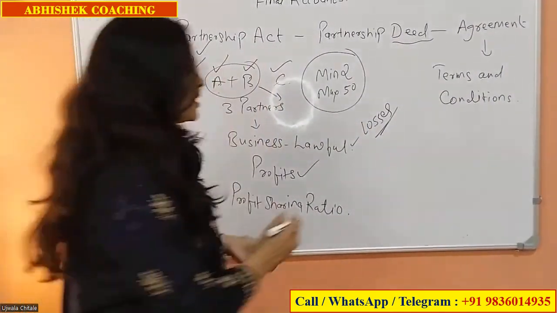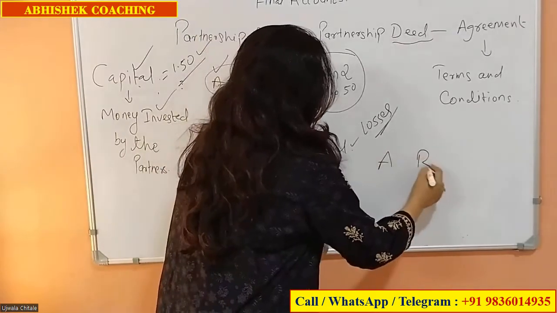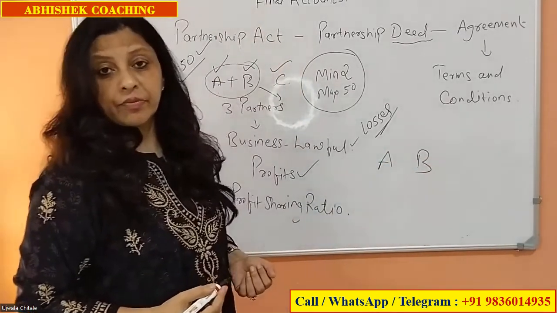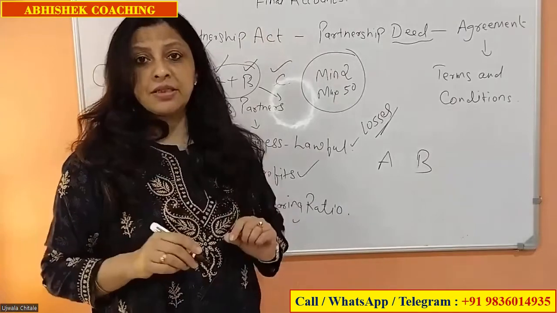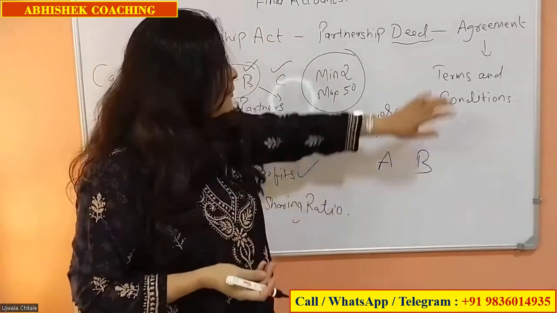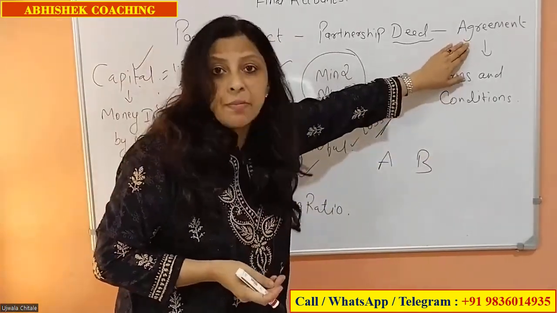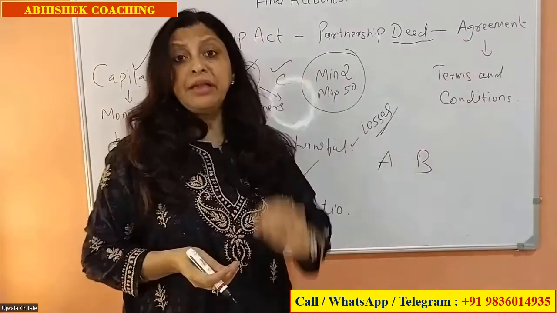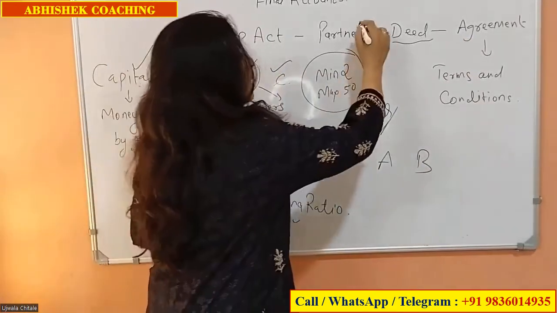If there are 2 persons, let's say A and B, who started a business, they will make an agreement between them. All the partners will make an agreement in writing, which is called a partnership deed.